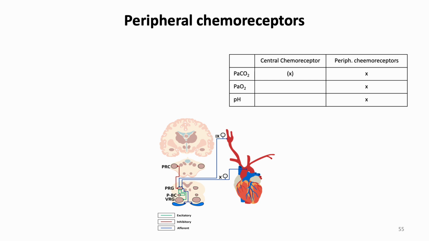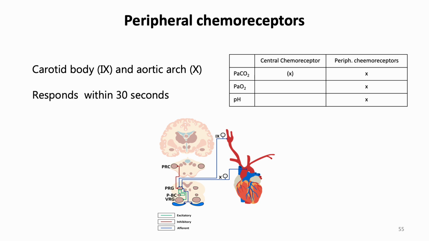So the peripheral chemoreceptors sense CO2, oxygen, and pH, and they're located in the carotid body and in the aortic arch, and provide feedback to the central nervous system through the glossopharyngeal and the vagal nerve. This system actually responds rather quickly.